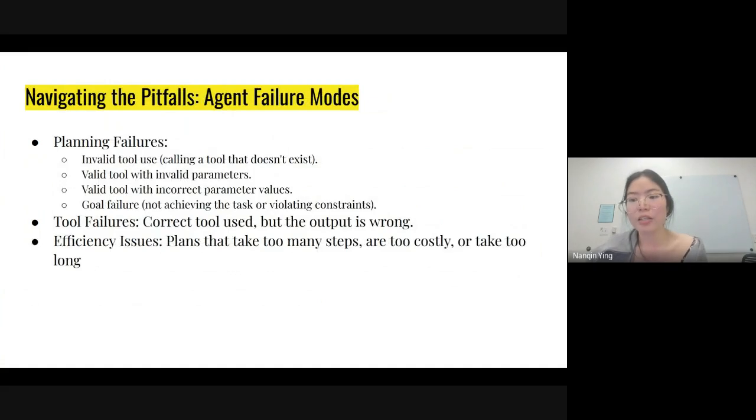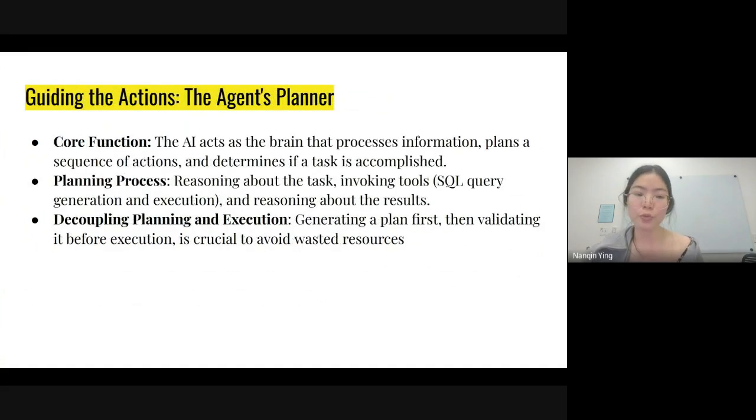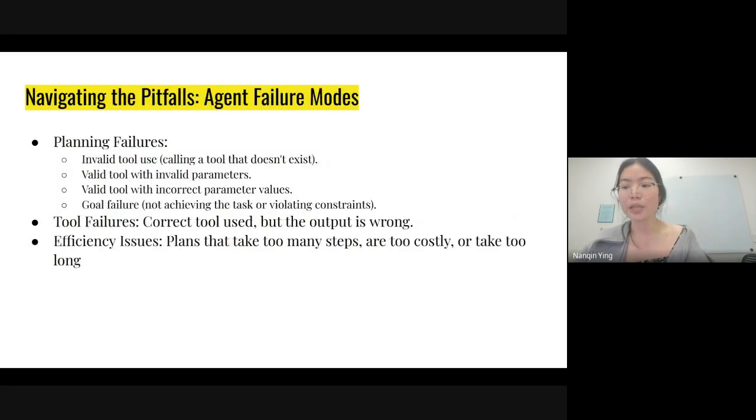The next part is about failures. When we're talking about these actions and the planner, how to evaluate the planning's performance is really important, not only the planning but also the execution. Evaluation is about detecting failures.